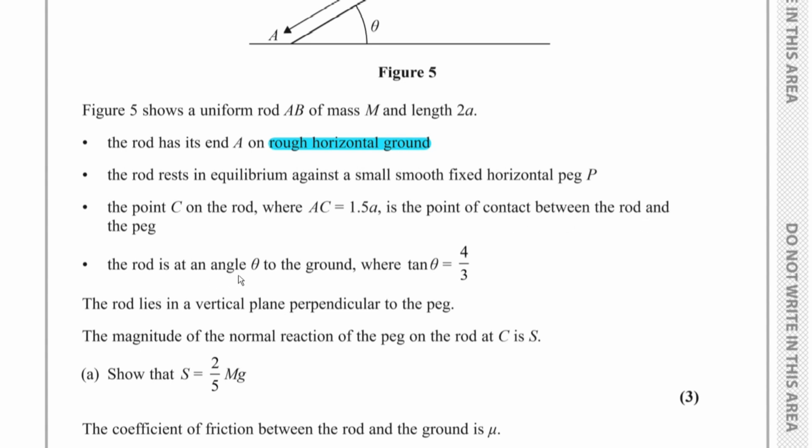The rod is at an angle theta to the ground, where tan theta is equal to 4 over 3. The rod lies in a vertical plane perpendicular to the peg. The magnitude of the normal reaction of the peg on the rod at C is S.